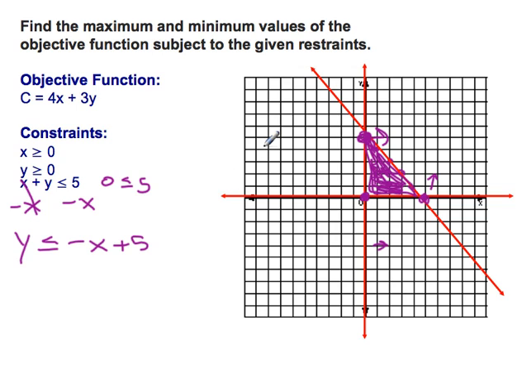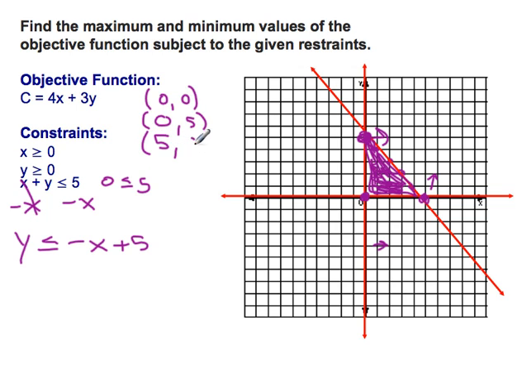So I'm going to write those points down. First I have the point 0, 0. So the origin is one of those intersection points. This is the point 0, 5. And then out here is the point 5, 0.